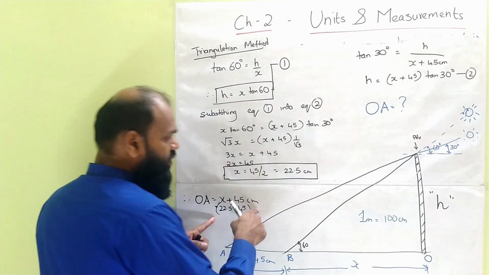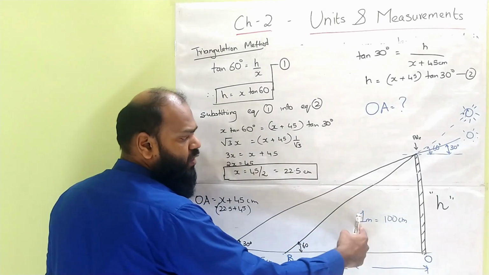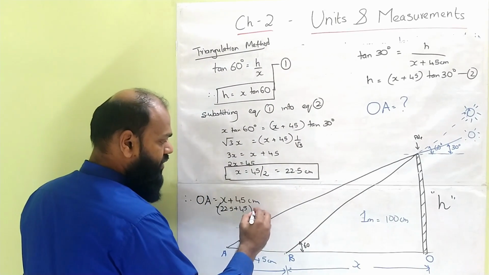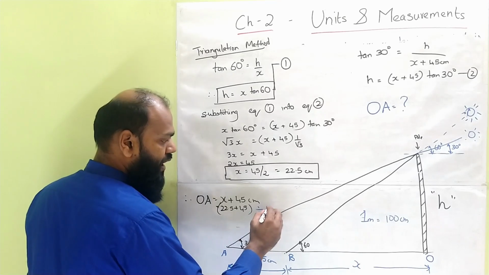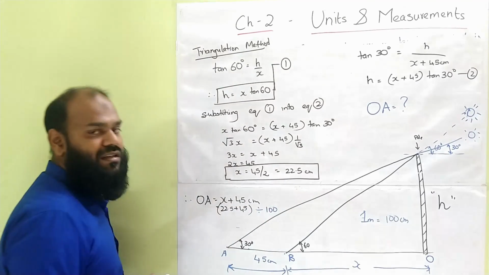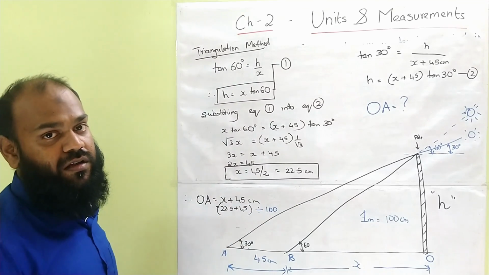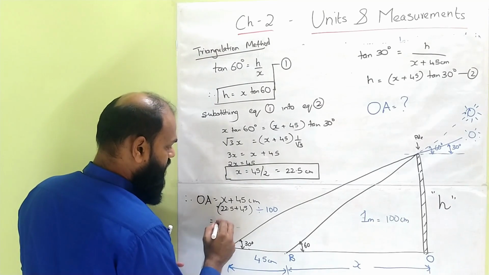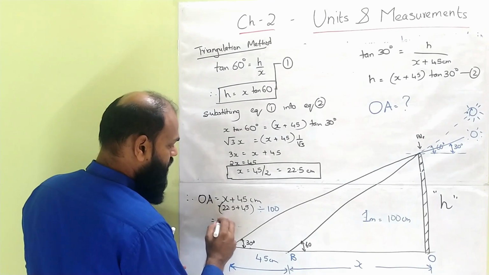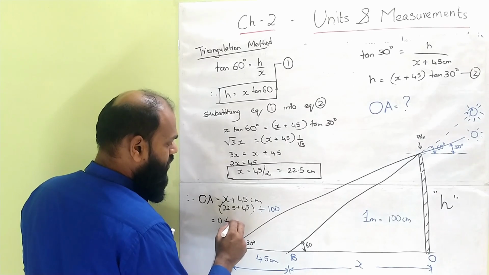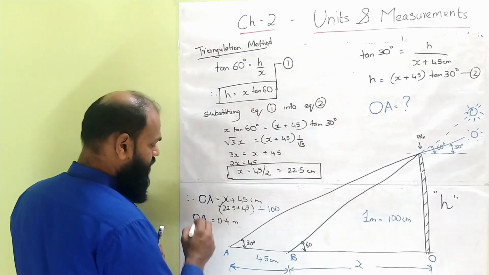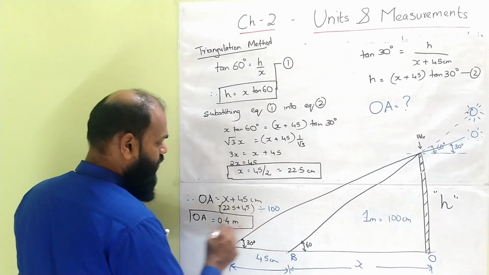So if I need to convert centimeter into meter, I need to divide. I am dividing the whole term by 100 so that it is converted into meter. So finally the answer will become 0.4 meters. So the length OA totally is going to be 0.4 centimeter.